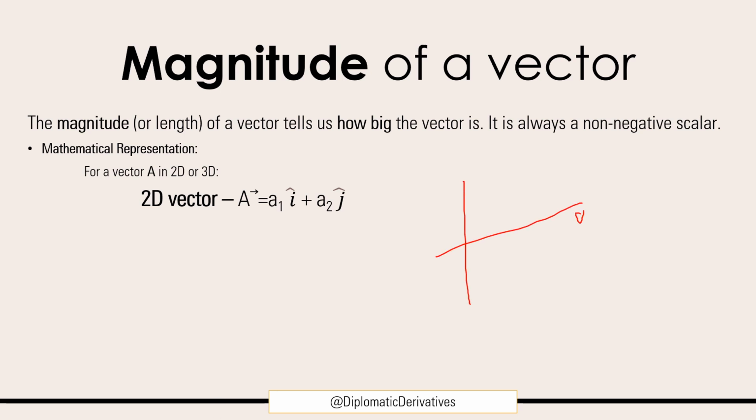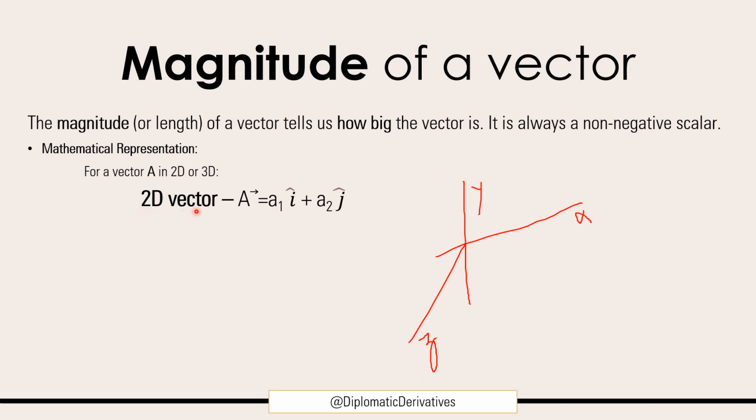So we have x and we have y. This is a 2D plane. If we also have another coordinate which is z, it becomes 3D. If we just have x and y, it's 2D, and if we have another one, z, it's 3D.